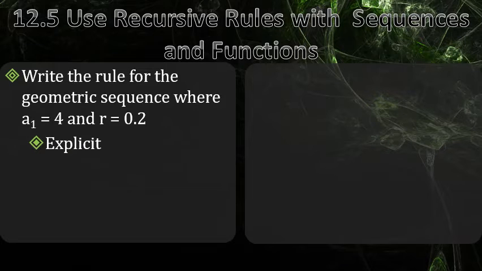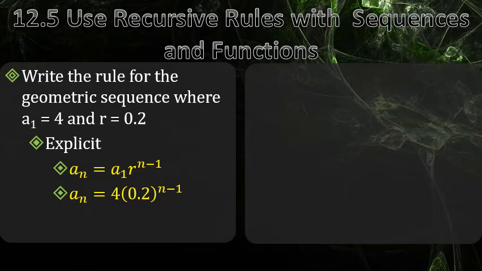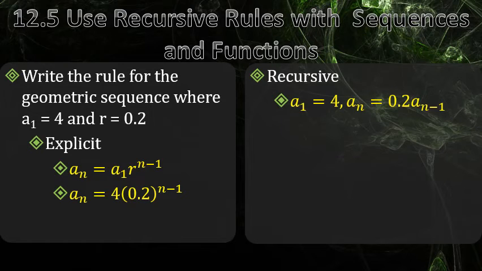So do the same thing for a geometric sequence. Back in lesson 3, we learned that a_n equals a1 r to the n minus 1. That's the explicit rule. Fill in the a1 and the r, and there's your answer. For the recursive rule, we have to know where we start, but geometric means I'm multiplying.